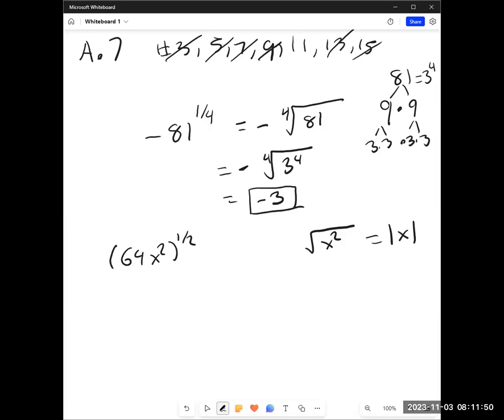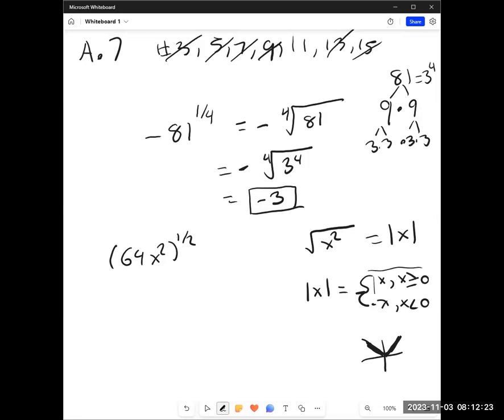I just want to introduce it here, but because the absolute value function is equal to x, if x is greater than or equal to 0 and it's equal to negative x, if x is less than 0, it's a graph that looks like this. It's got two pieces to it. So it's the line y equals x over here on the right, and it's the line y equals negative x over here on the left.